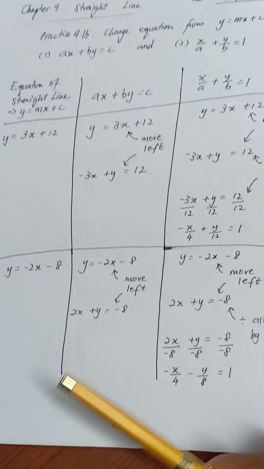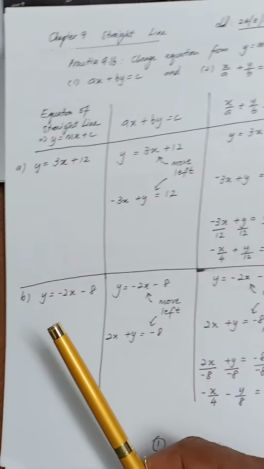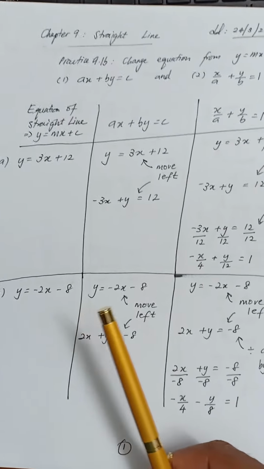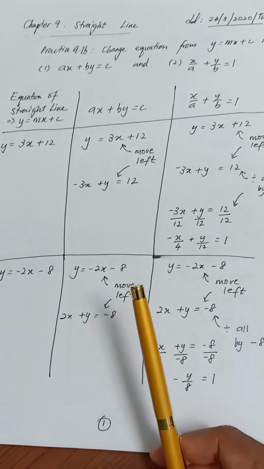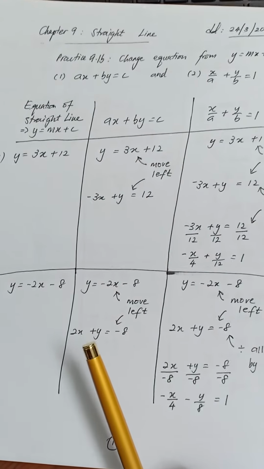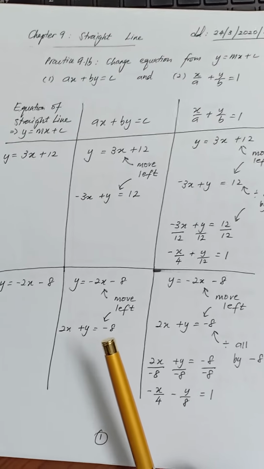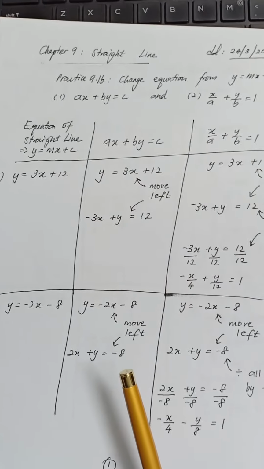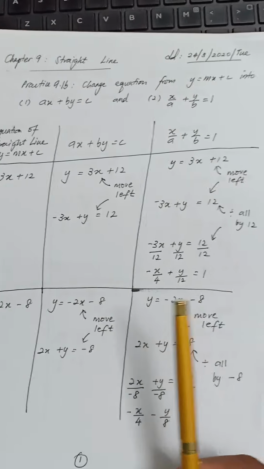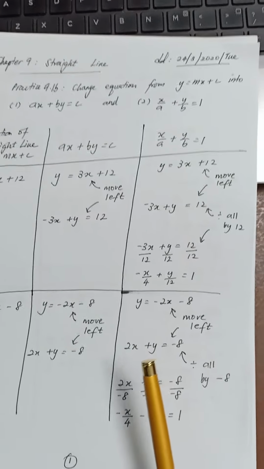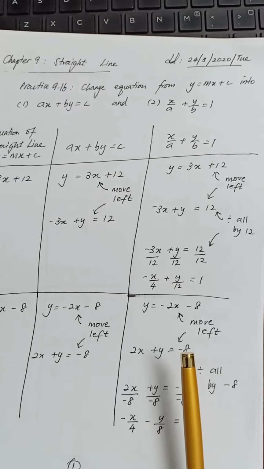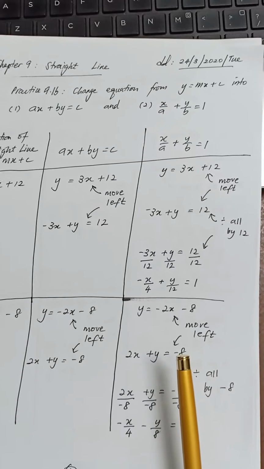Let's look at example b. Y equals negative 2x minus 8. Bring the negative 2x to the left, so negative 2x becomes positive 2x plus y equals negative 8. Now to make this 1, what must you do?